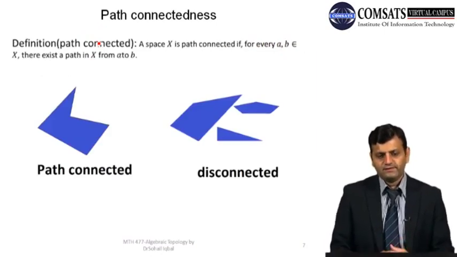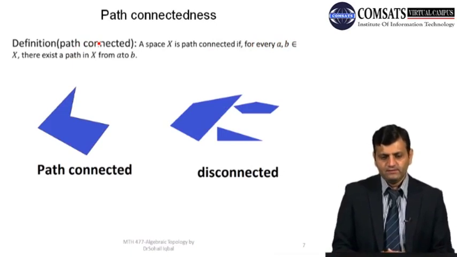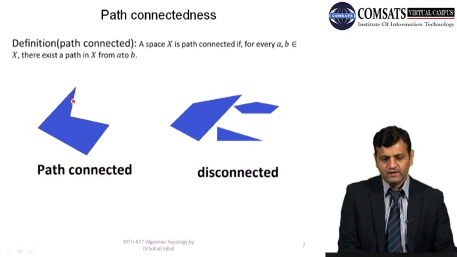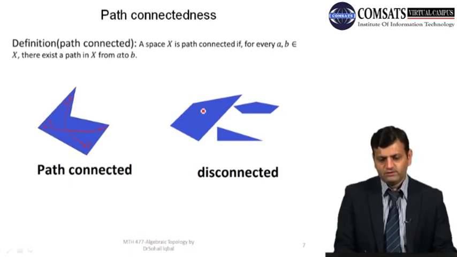So what is path connectedness? A space X is path connected if for every A, B belonging to X, there exists a path in X from A to B. Observe that in this space, if I have this point A and some other point B, then there is a path from A to B. Similarly, if I take this point to be X and this point to be Y, then once again there is a path from X to Y. But consider this space now.